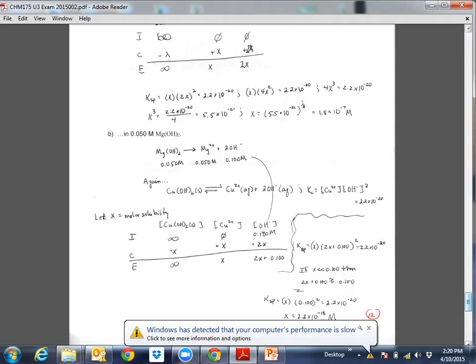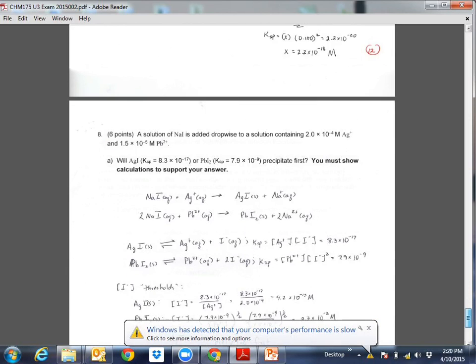It's the molar concentration of the magnesium, which is x, times the molar concentration of the hydroxide ion, which is approximately 0.100 squared, and that's equal to KSP. So solving for x, you can see that the molar solubility is 2.2 times 10 to the negative 18th, which is appreciably smaller with the common ion already in there.